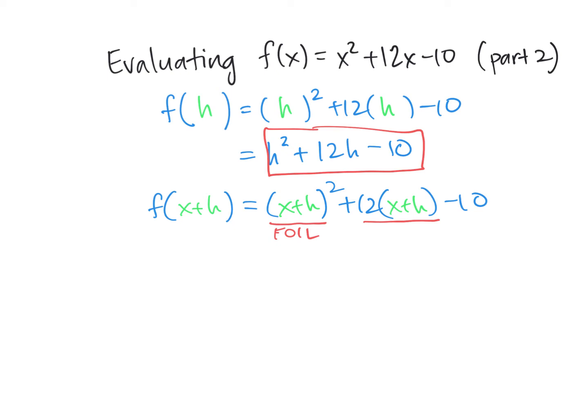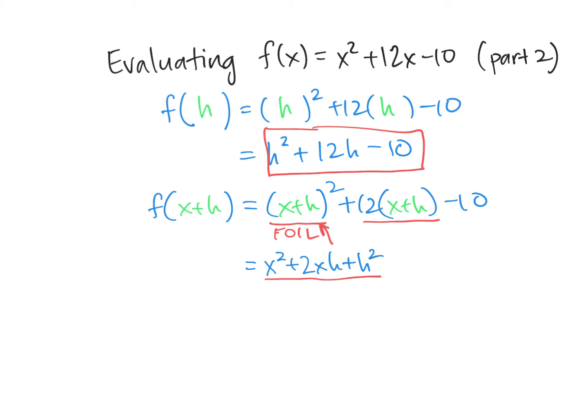Let's, off to the side, work out what x plus h squared is. Okay, so we just said that x plus h squared is x squared plus 2xh plus h squared. So this is equal to that.